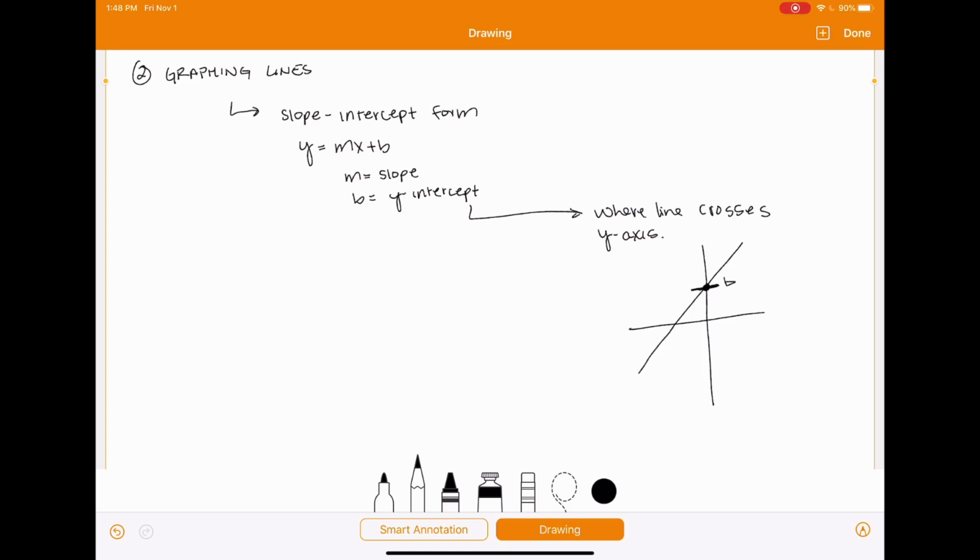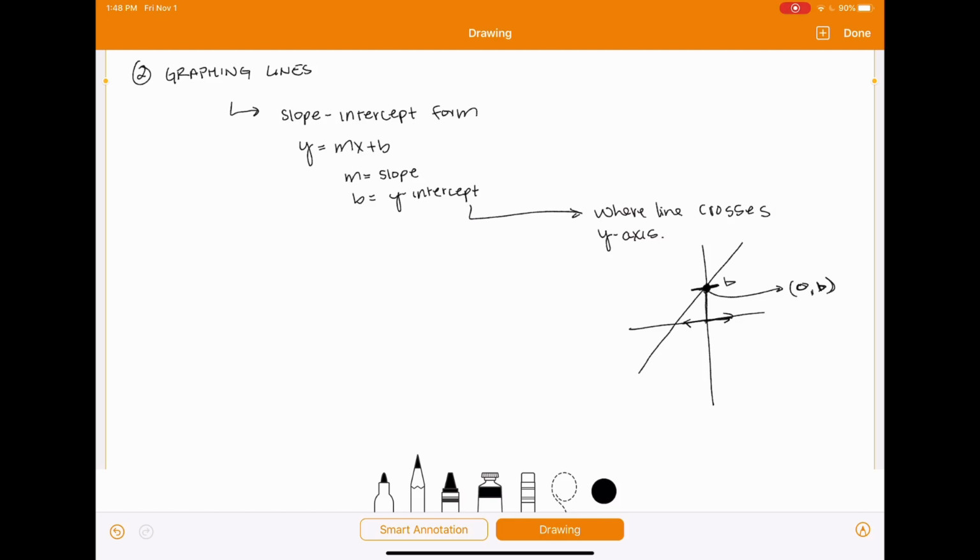And that is going to be the point at which x equals 0, right? Because you're not moving anywhere left or right on the x-axis, you're just going straight up. So you're going to have a point at (0, b).